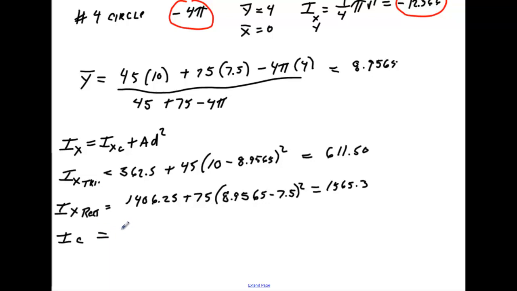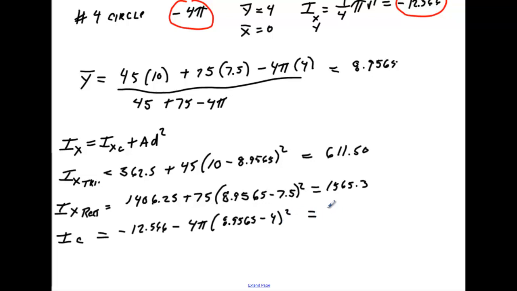We do Ix about the circle. And when we do that, that gives us negative 12.566. We subtract the area, and again, that's negative area, 4 pi, and we take 8.9565. That's your 8. We subtract 4. We square that.